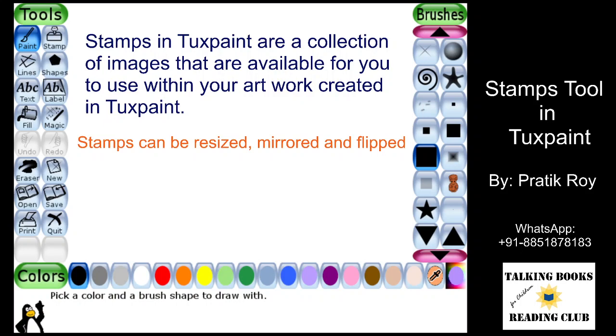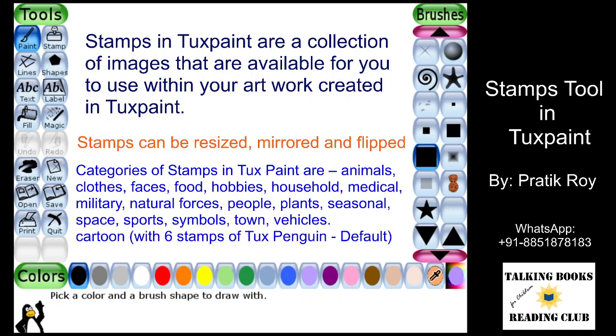When you create a mirror image, it basically flips from left to right or right to left, and when you actually flip it, it goes top to down or down to up. So with that you can use the images in various shapes and sizes and use it for your artwork.